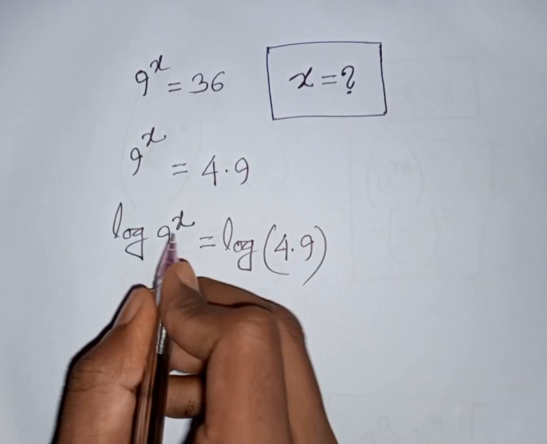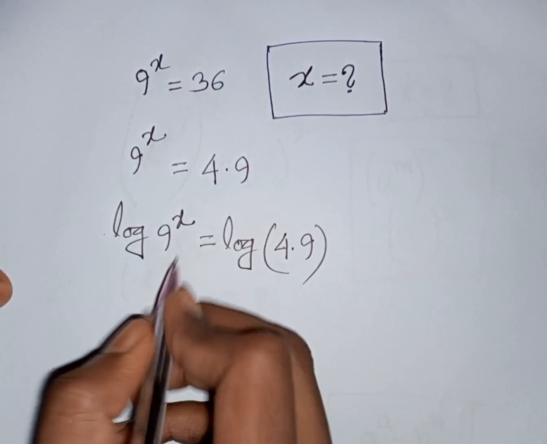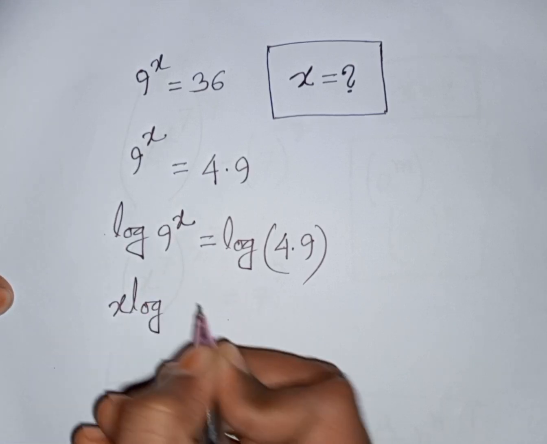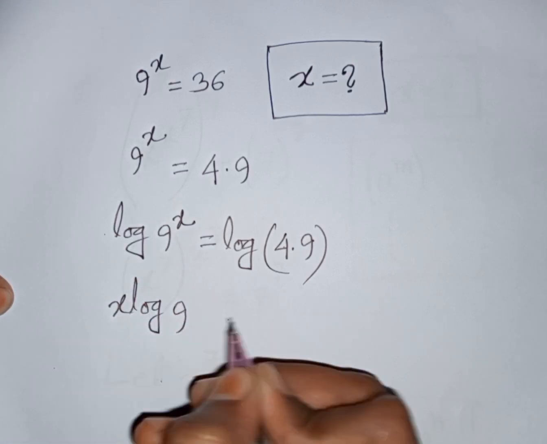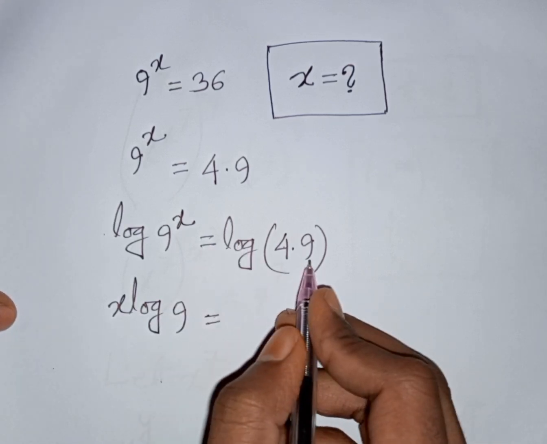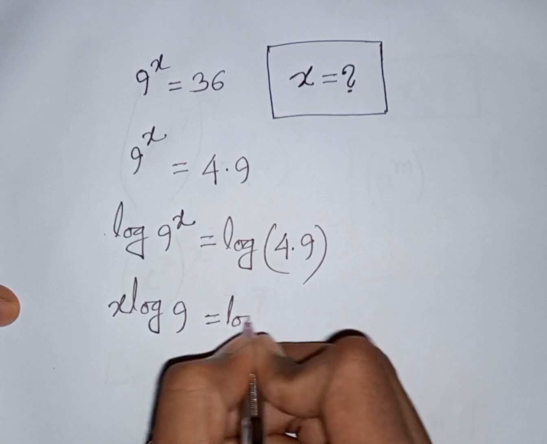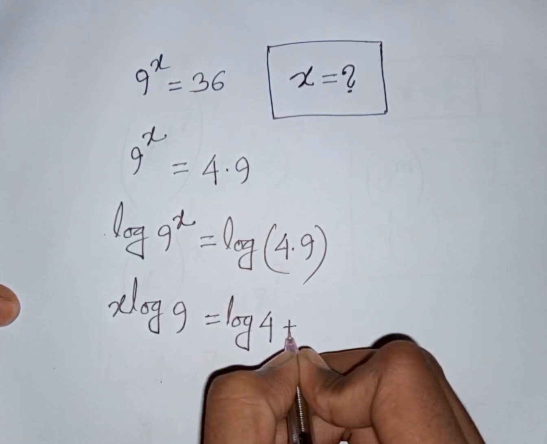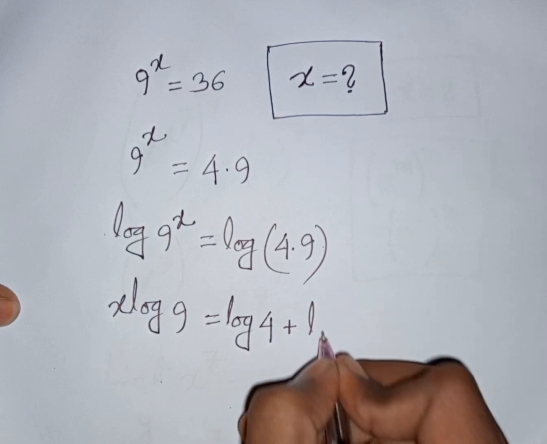Now this power x will move to the front, so I can write x log 9 is equal to log of 4 times 9, that means it will be log 4 plus log 9.